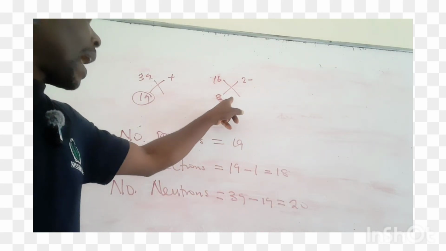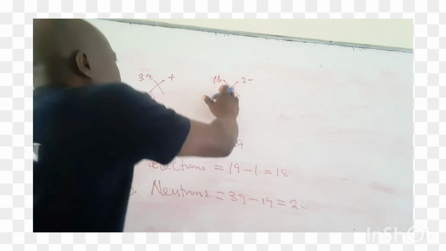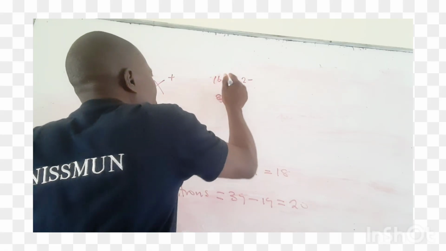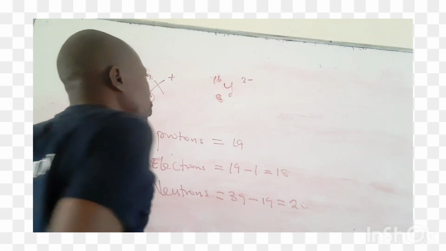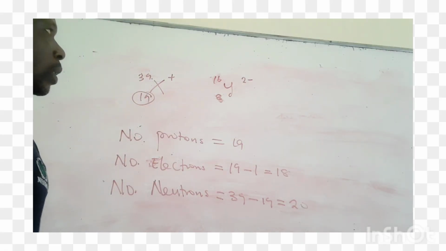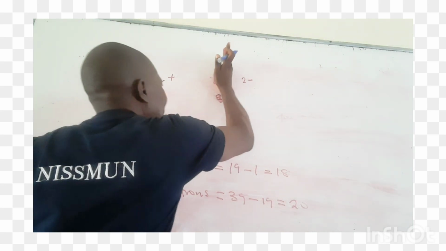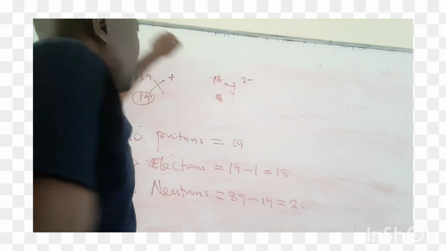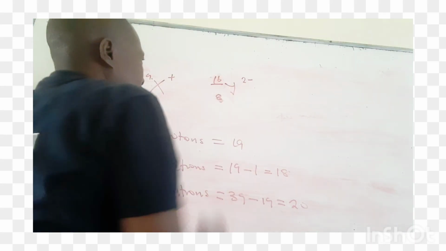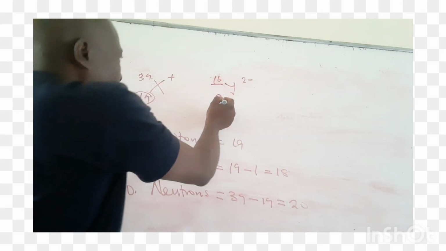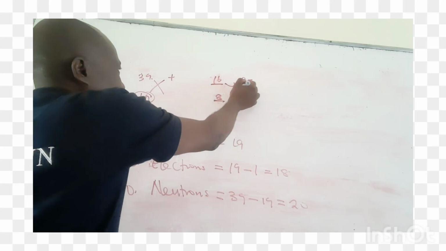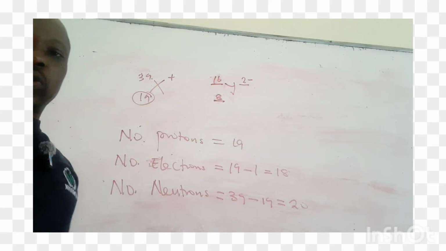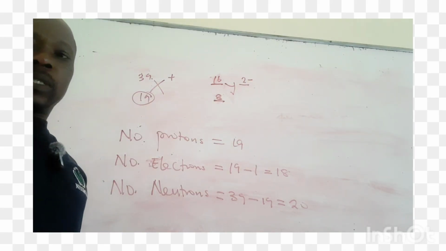Now I'm giving another atom. Let me use Y to denote this particular atom. This Y has mass number 16, atomic number 8, but it has a charge of minus 2. How do we solve this?